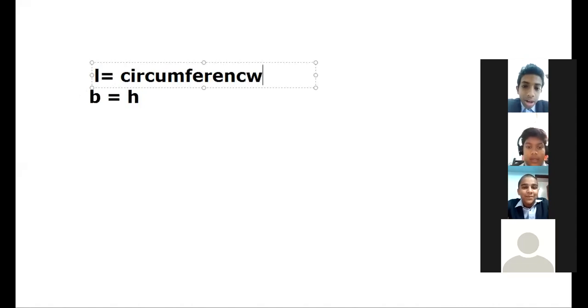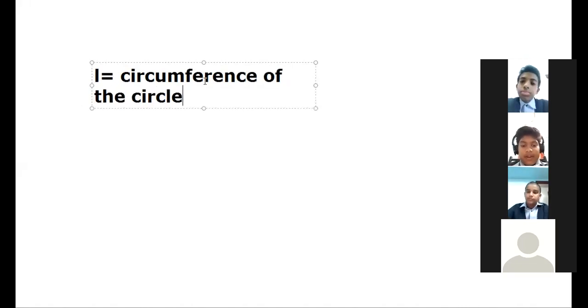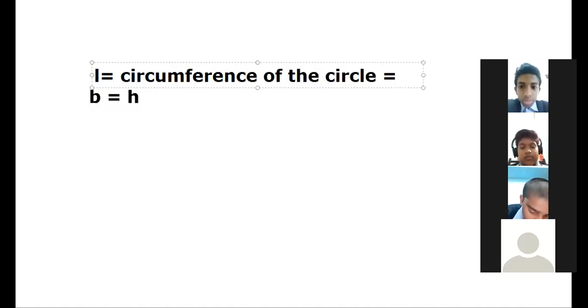Then the length was the circumference of the circle, right? Length is the circumference of the circle, and that is equal to 2.